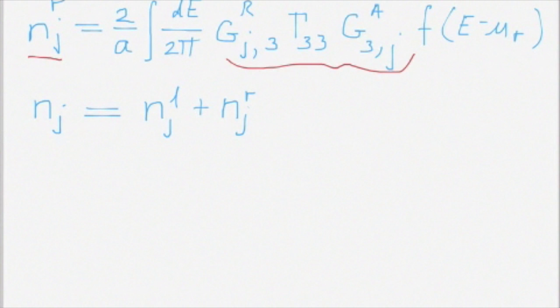Okay, so let me write out the full expression for n sub j, or just n at node j. So n at node j is equal to 2 over a, integral dE over 2 pi.